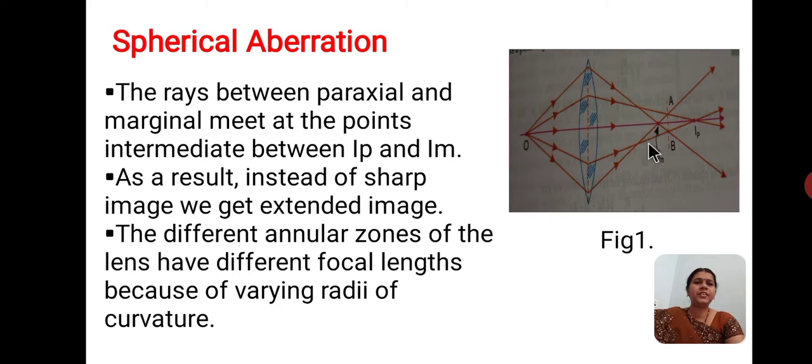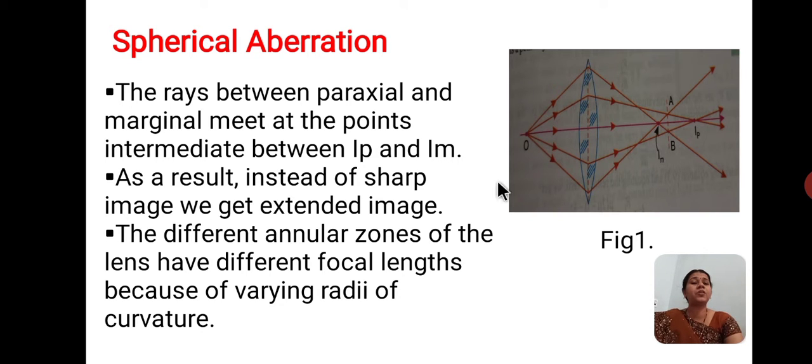The rays between the paraxial and the marginal rays meet at points intermediate between IP and IM. Here we can see IP and IM. The image we get here is not well defined along the axis of the lens. Why is the image not well defined?